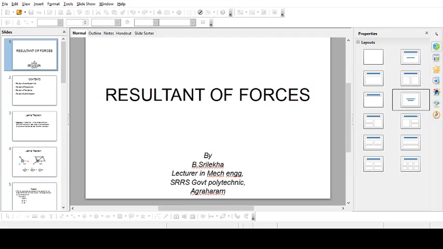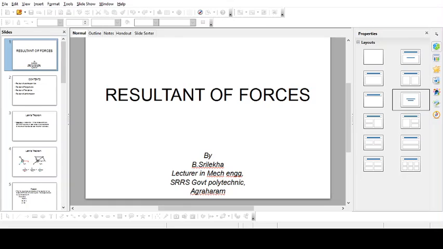We know that according to Lami's theorem, P by sin alpha equal to Q by sin beta equal to R by sin gamma. Therefore, P by sin 120 is equal to Q by sin 150 is equal to R by sin 90. You can simply equate any two.